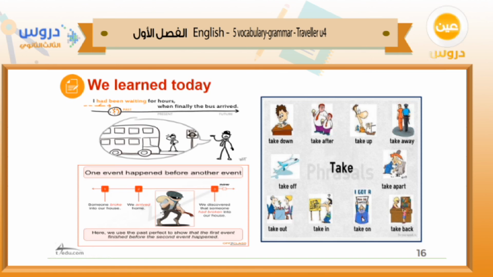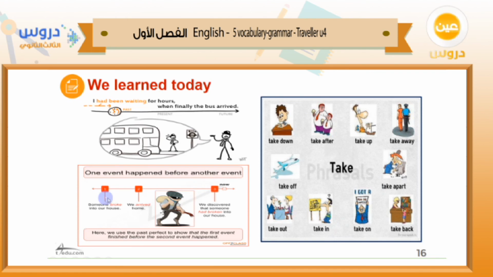What we learned today. As you can see, we started with the verb take and how to use the verb take with some prepositions like take down, take after, take up, take away. And those words have a different meaning if you say them together, like take in, take on.